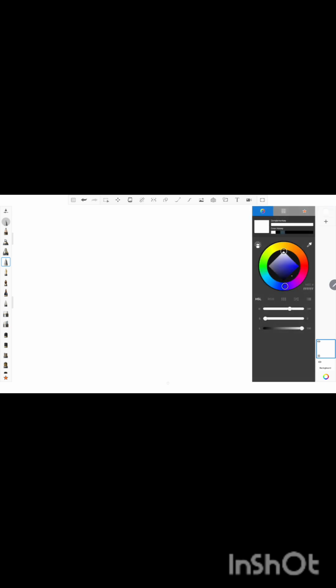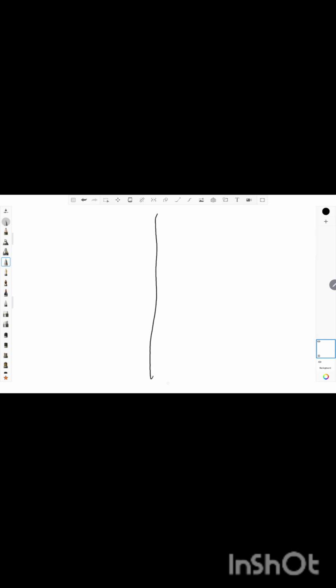Alright, so basically, a graph. I've said this 1 million times already. A graph is like this. This is the x-axis, and this is the y-axis.